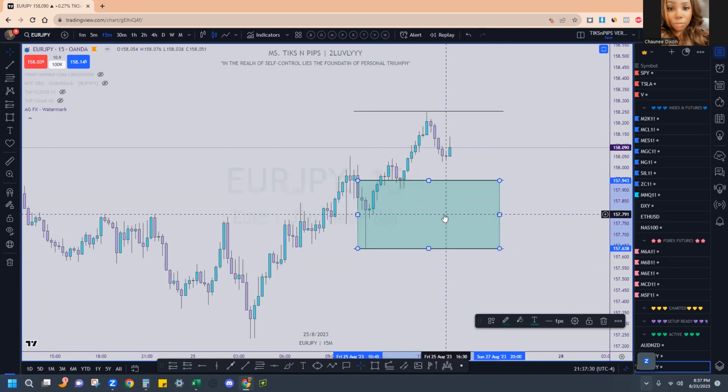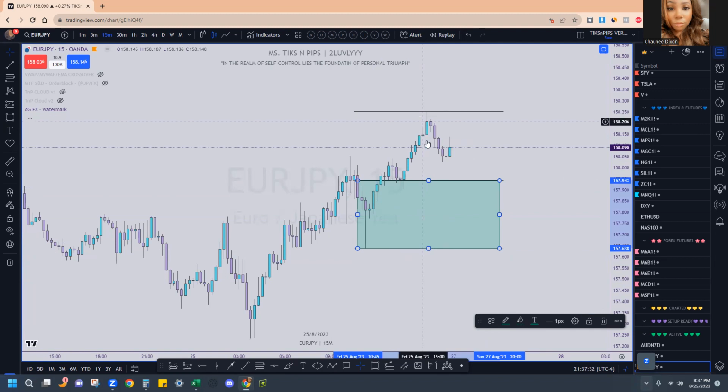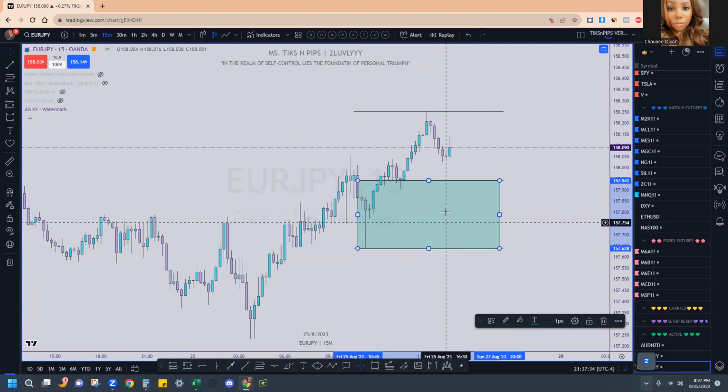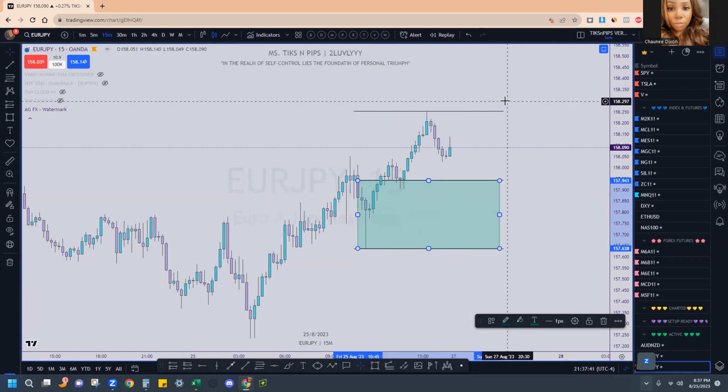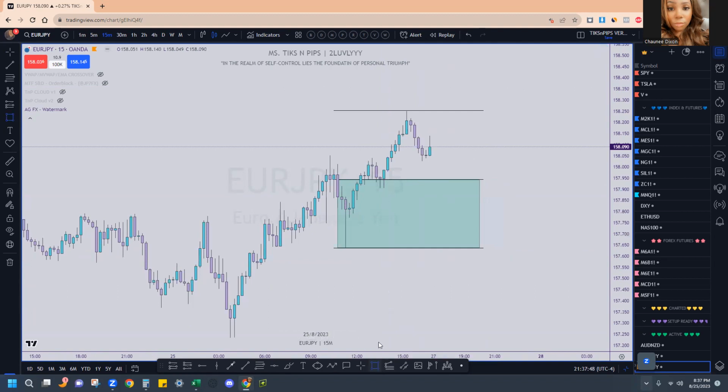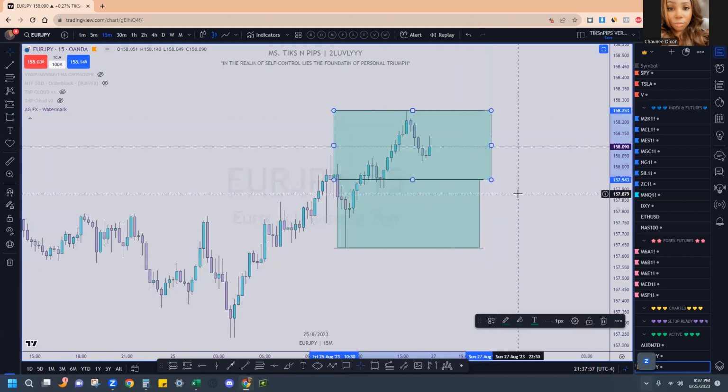Now, why is it called a discount? Because when the price moves down in an uptrend, this is going to be the cheapest area you're going to buy at. And you want to buy at the lowest point you possibly can. So this will be the discount. And then, of course, when you're selling something, you want to sell it for as high a price as you can. If you ever went to a garage sale or anything, they're going to sell off their personal items for as much as they can get. That's the same concept here.